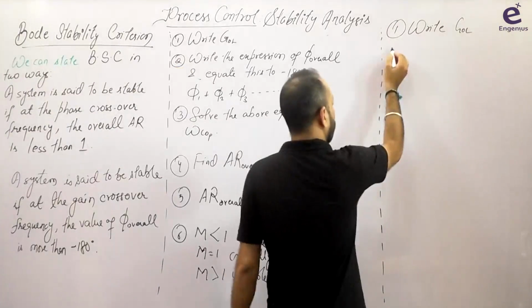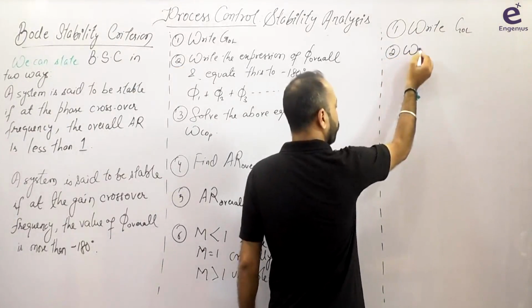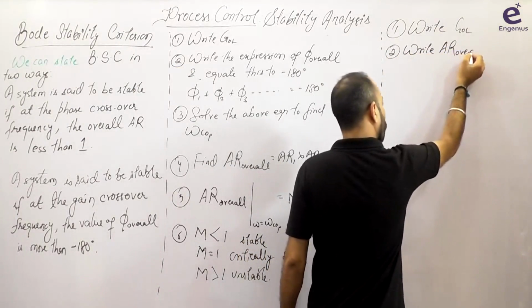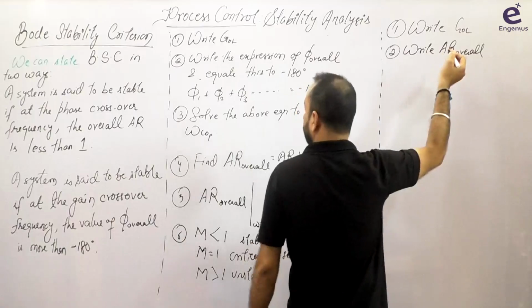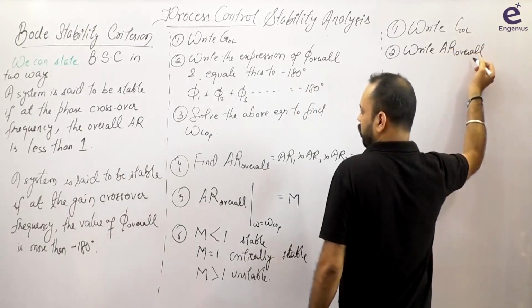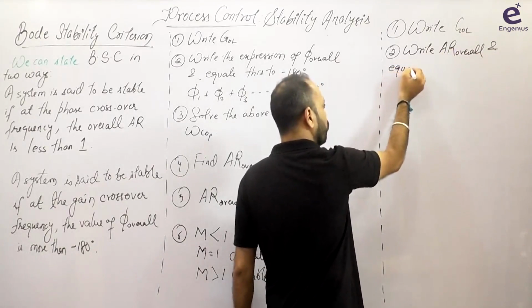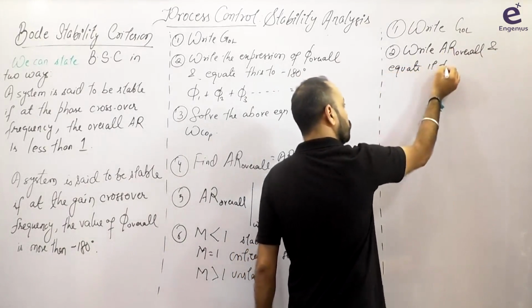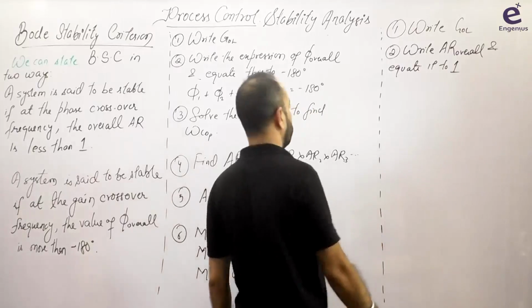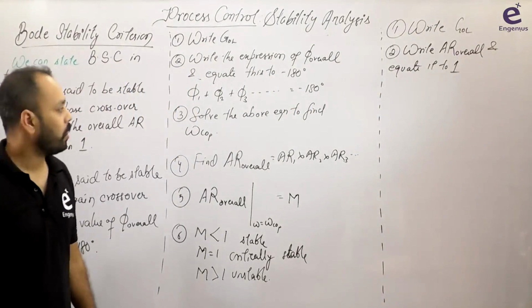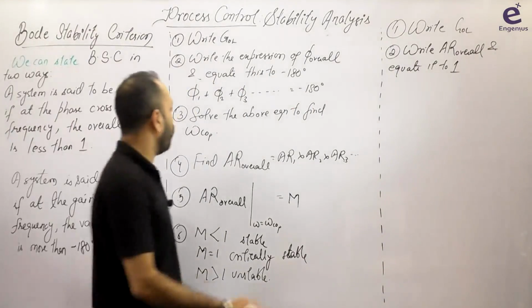Now here I'll write AR overall, write the expression of AR overall and equate it to 1. Once you equate AR overall to 1, what do we get? We get the gain crossover frequency.